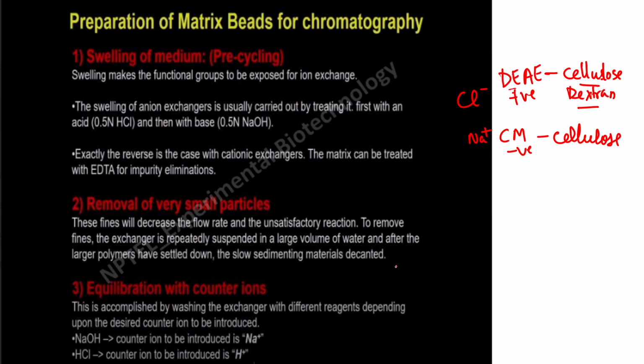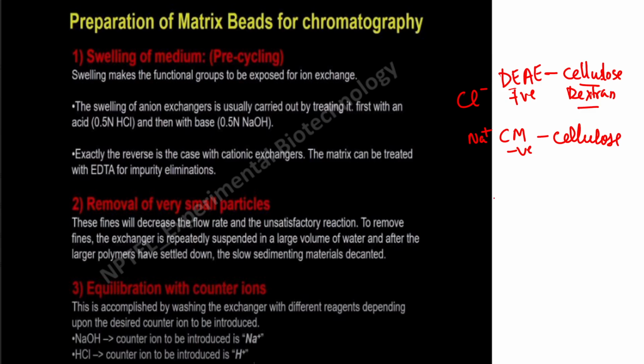After this, if you want to store the beads, then since we are doing the equilibration with acid and base solutions, NaOH and HCl, what we generally do is adjust the pH till neutral and then store the beads.